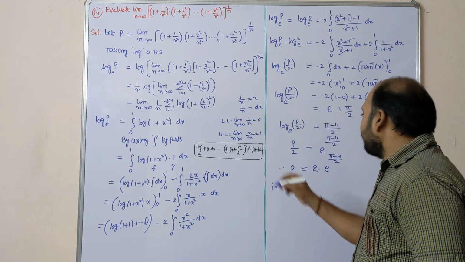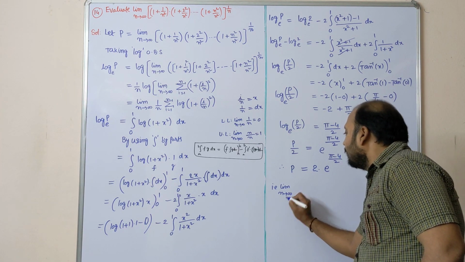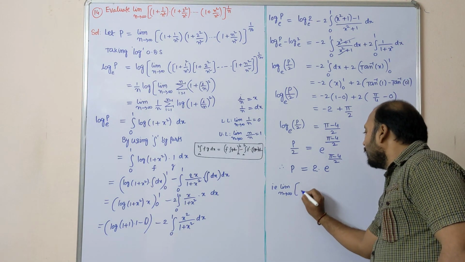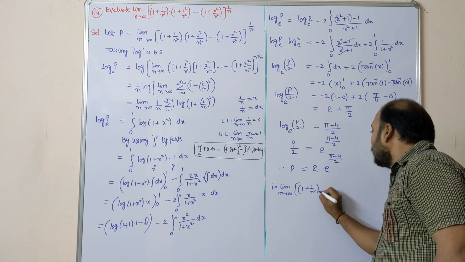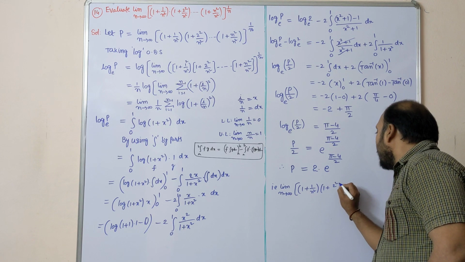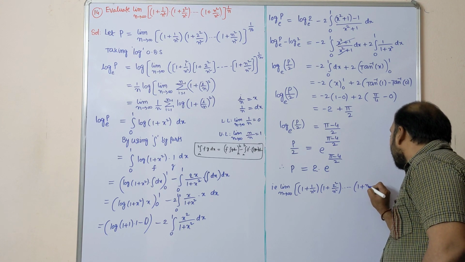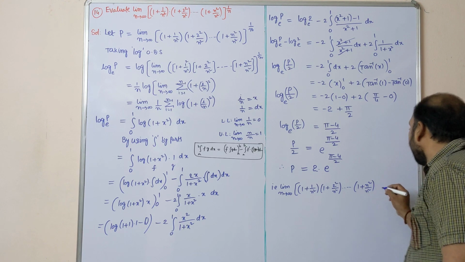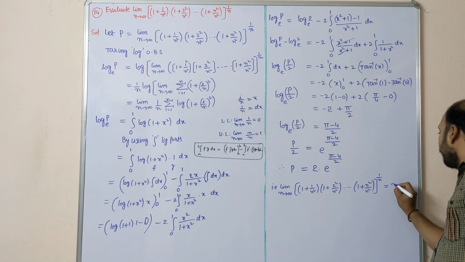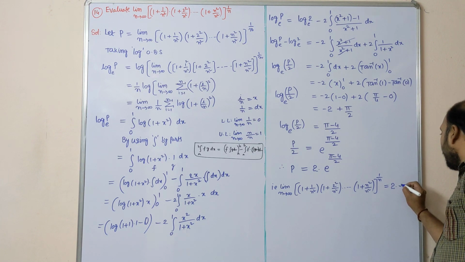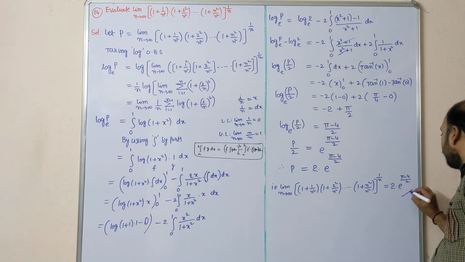We assume that limit n tends to infinity of 1 plus 1 by n square, 1 plus 2 square by n square, and so on, 1 plus n square by n square, whole power 1 by n, is equal to 2 into e power pi minus 4 divided by 2.